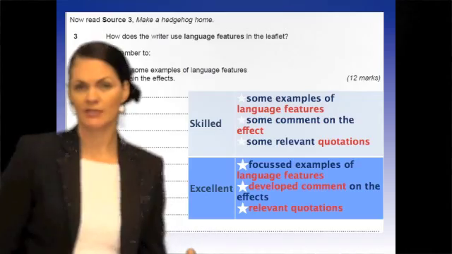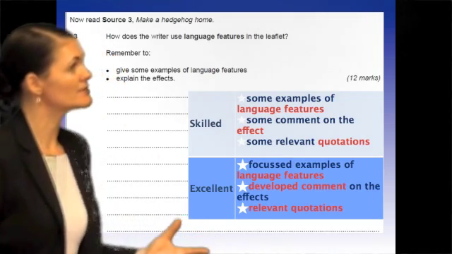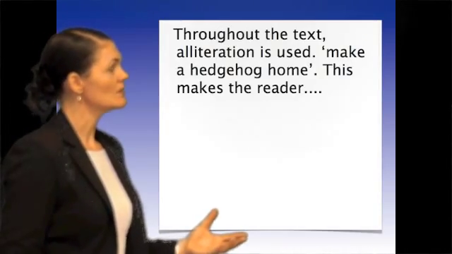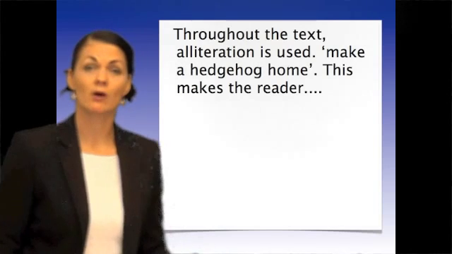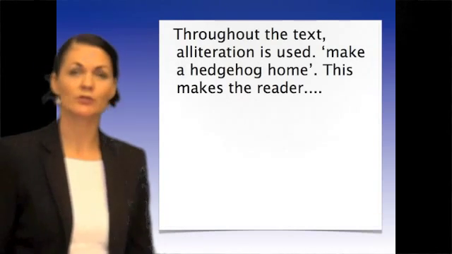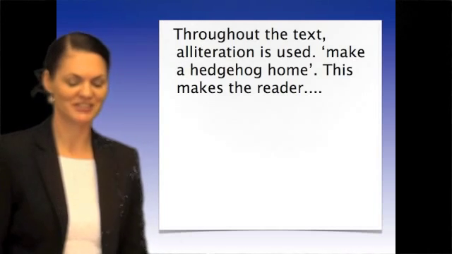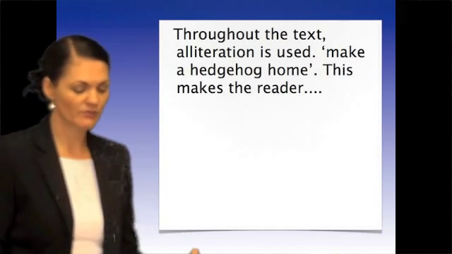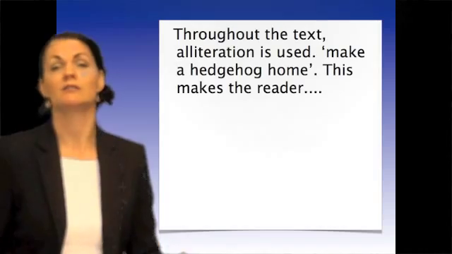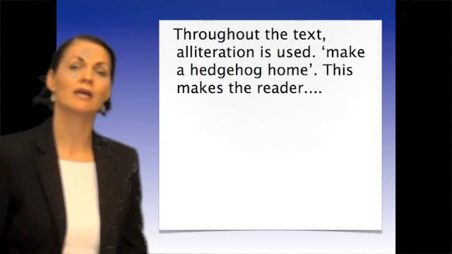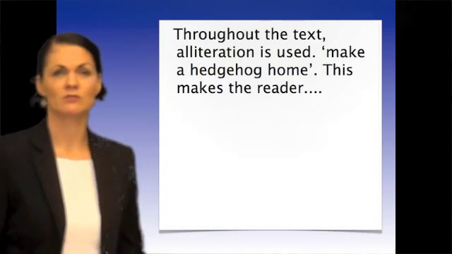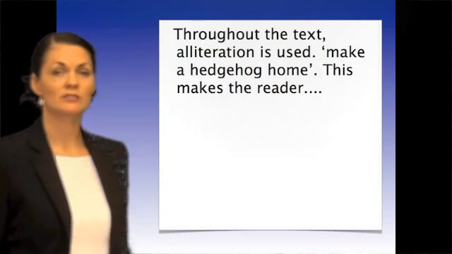Okay, and really here what I've got is an example of where you might get a little bit stuck. You think, right, okay, I know alliteration, and then you get there and you think, right, okay, throughout the text, alliteration is used. So make a hedgehog home. This makes the reader, well, what does it do?